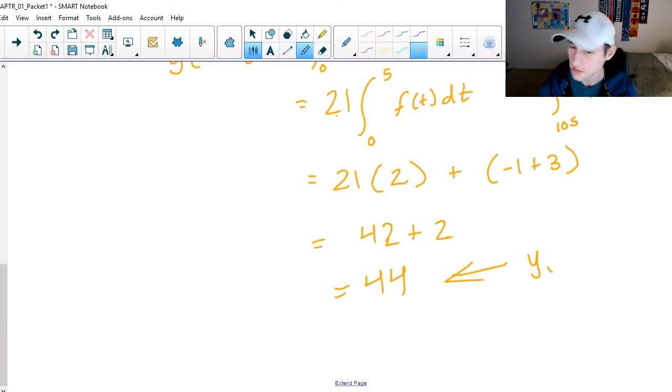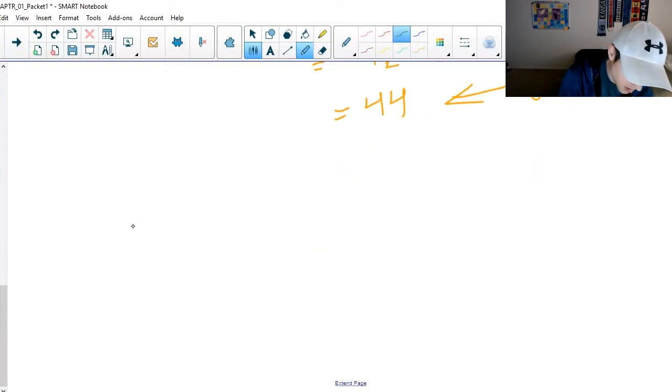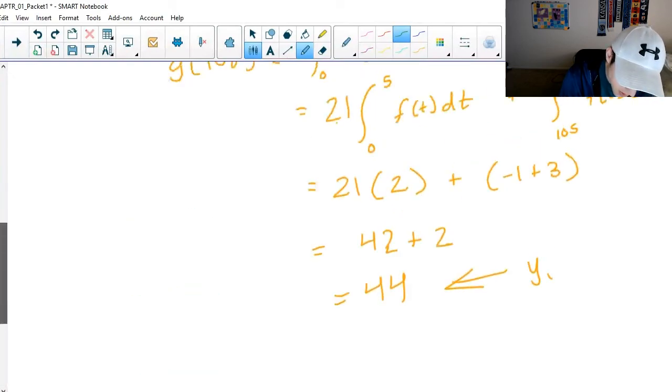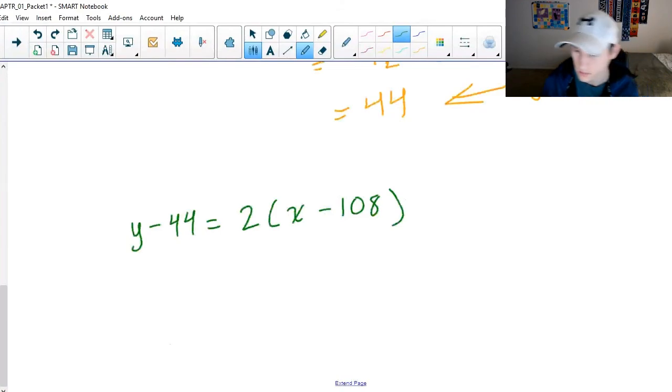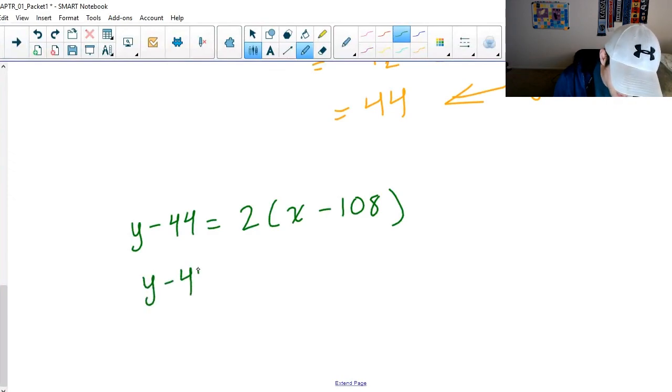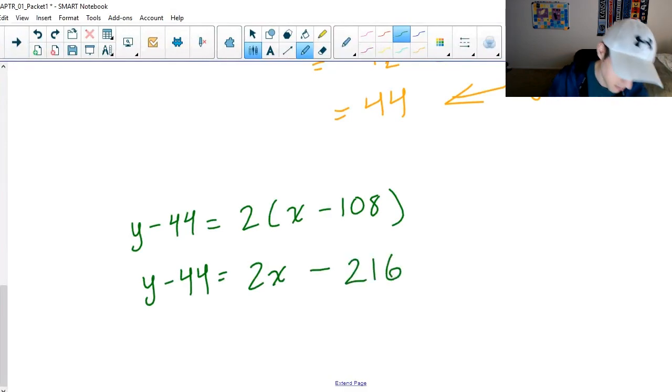Since I'm trying to find the equation of a tangent line, I can do that now. y minus y1 equals m, the slope we figured out was 2, times x minus x1. This was at 108, so x minus 108. Then it's just simplifying: 2x minus 216.